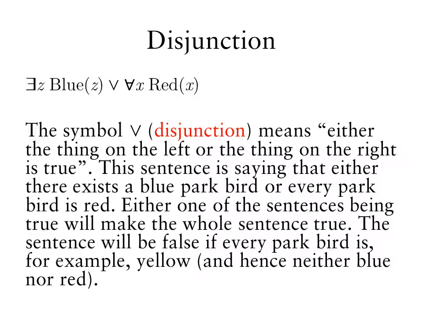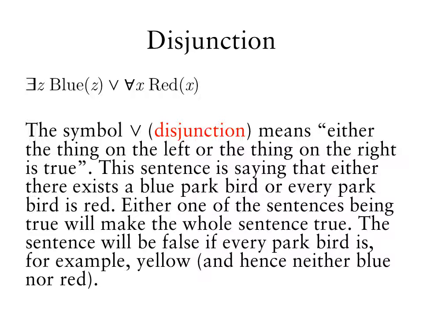So a disjunction is what you want to use when you want to use the word or in logic. When you put this little v in between two logical sentences, what you're saying is that if either thing on either side of this v is true, then the whole sentence is true, right? So for instance, if for all x, x is red is true, then this whole disjunction is true.